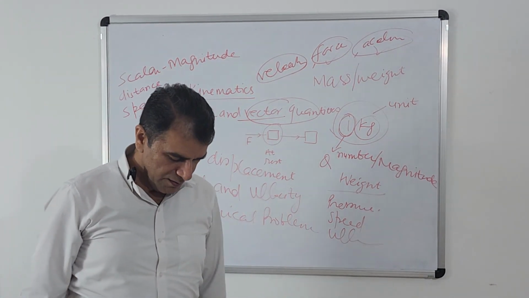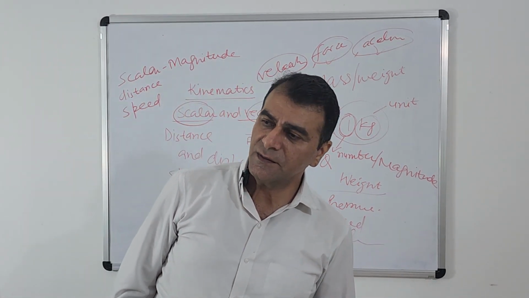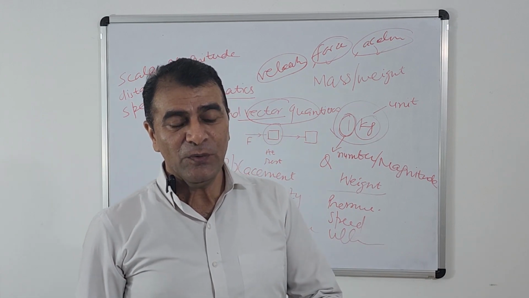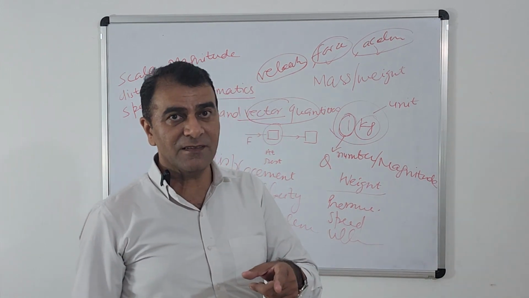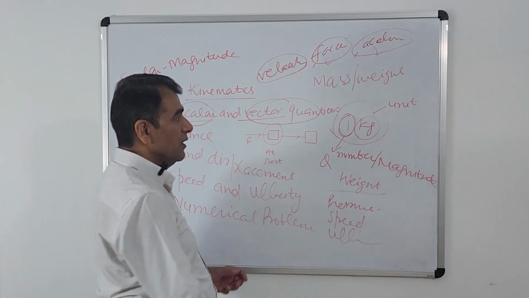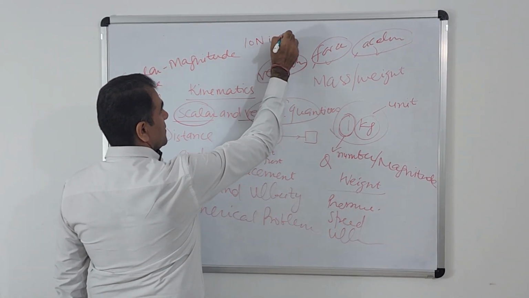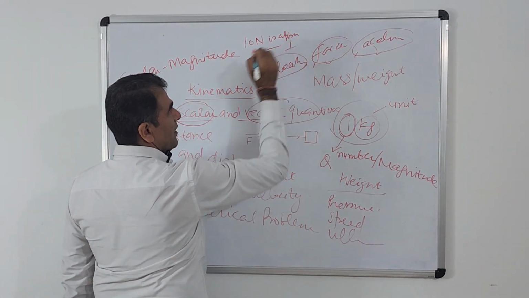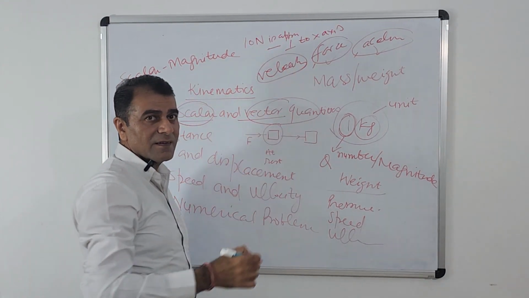Like if you say a force is applied in a direction to the direction of motion. When I'm saying a force is applied in a direction, it means direction is required to specify that force. And also there is magnitude, because I will say 10 Newton is applied parallel to or perpendicular to the x-axis, right?